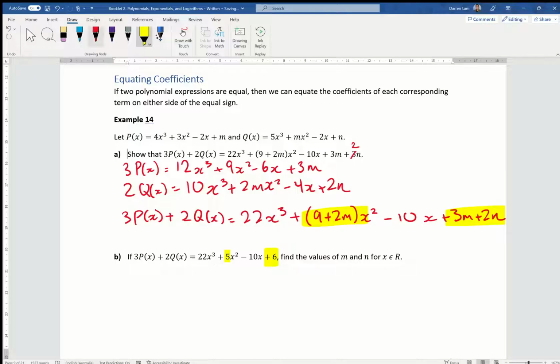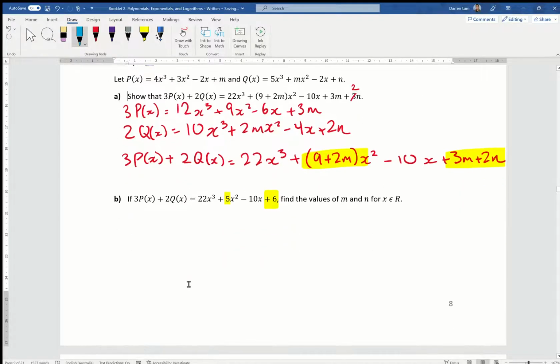Do note that despite the fact it is a pronumeral, in our case, because it's a function in terms of x, m and n are constants. They're just a number. It's not a changing number, it's a number. Okay, so let's focus on the first one. It's pretty straightforward. We know that these two equate, and we know that those two equate as well. So 9 plus 2m equals 5, which of course gives us m equals negative 2.